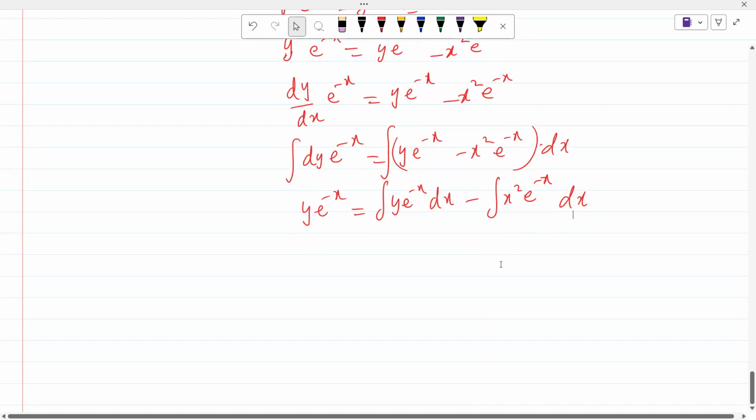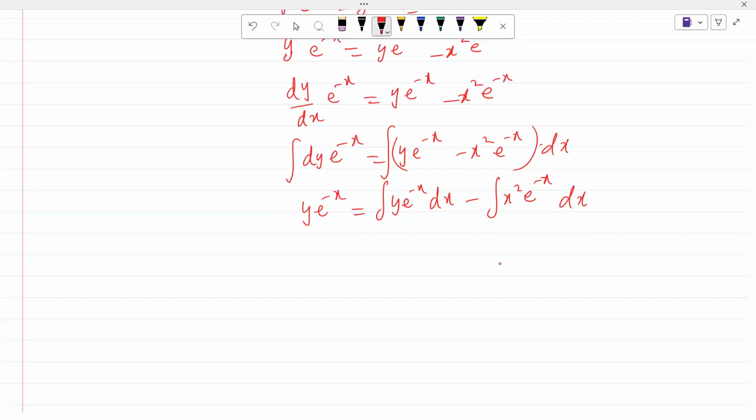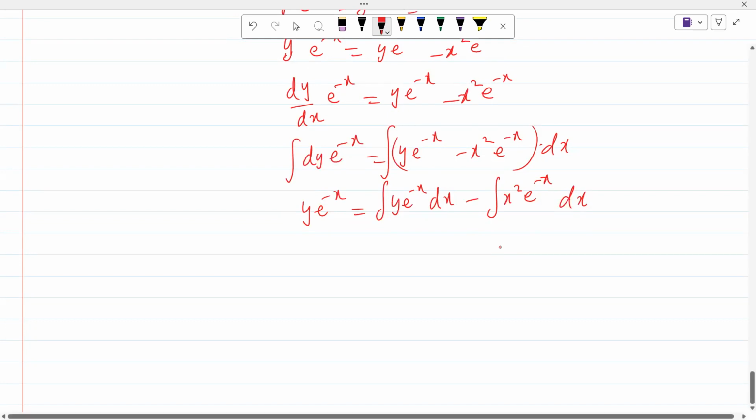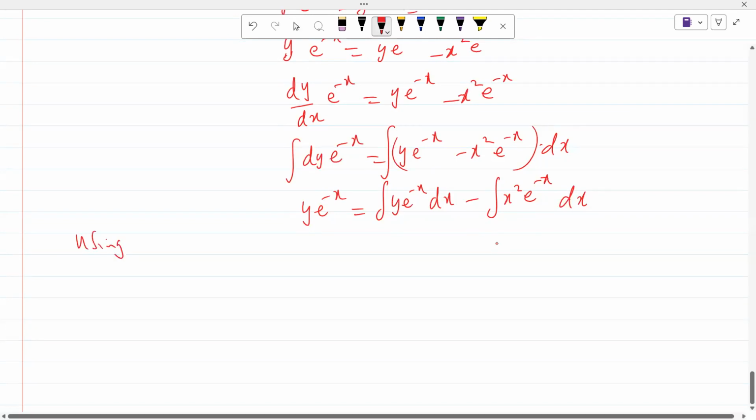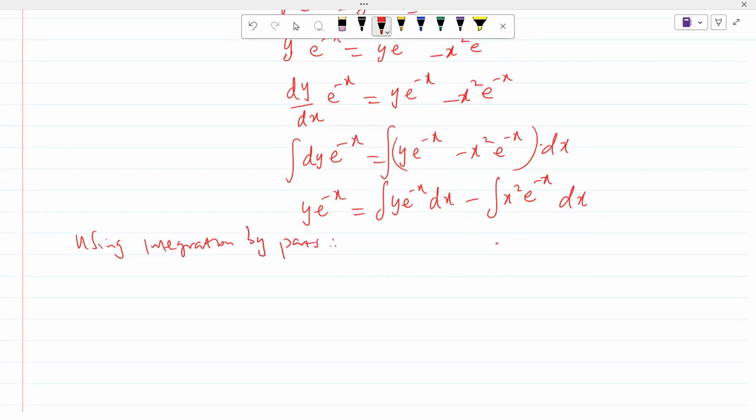We can add a constant, or a couple of constants. The fact that we've already integrated here, you got y e to the minus x, and then you integrate the other one. If you integrate the other one using integration by parts, this is not a big deal, it is just the method of solving differential equations.